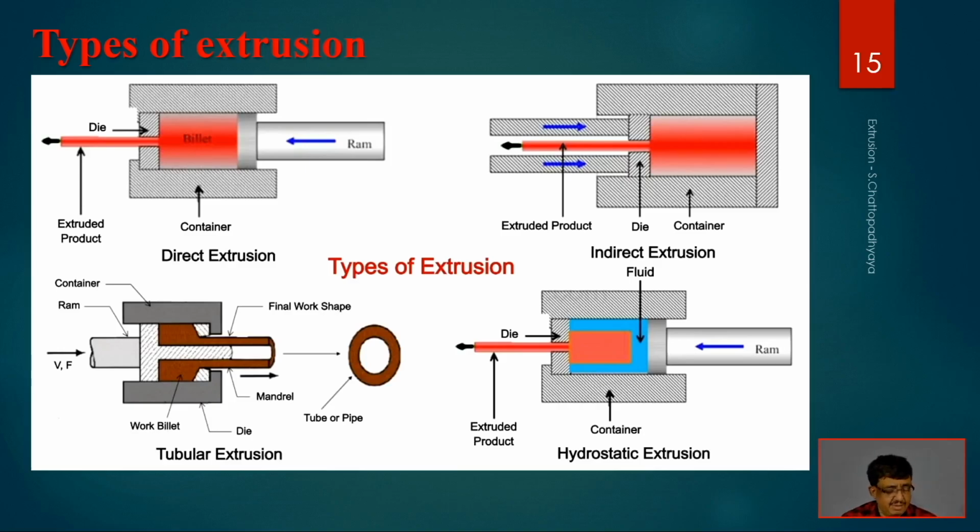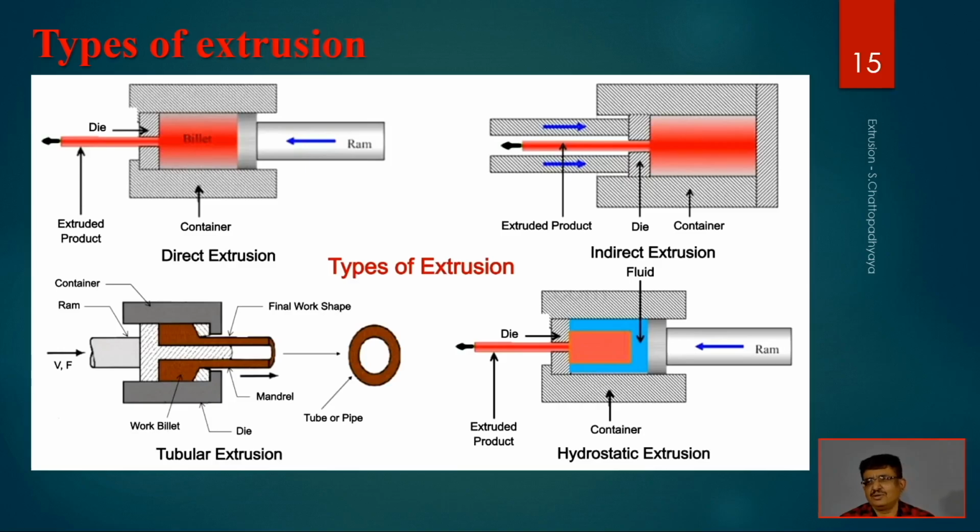This mandrel can be hollow, so a hollow cross section will be there. If it is a rectangle, then a rectangular cross section. If it is oval, then oval. So it is a very typical way of producing high quality hollow sections without much hassle.